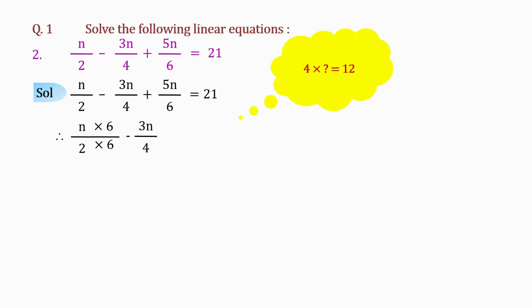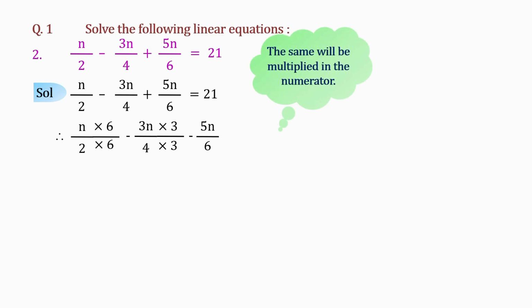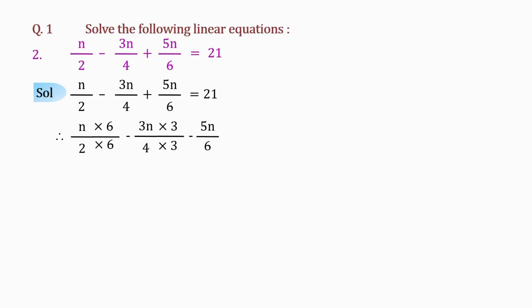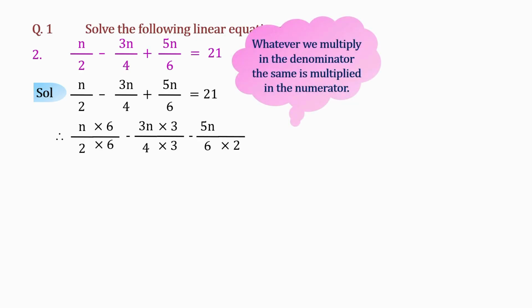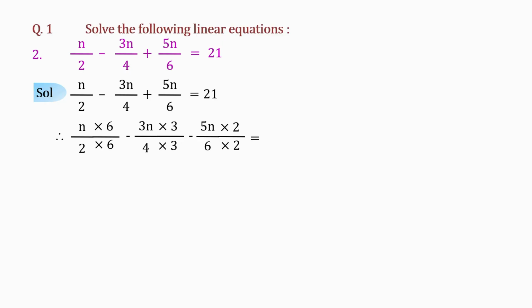So in this case, we are going to multiply 3 to make it 12, and 3 should be also multiplied in the numerator. The sign, though it is written wrong over here, it should be plus 5n by 6. Now we are going to multiply 2 over here, and 2 should be multiplied in the numerator as well.